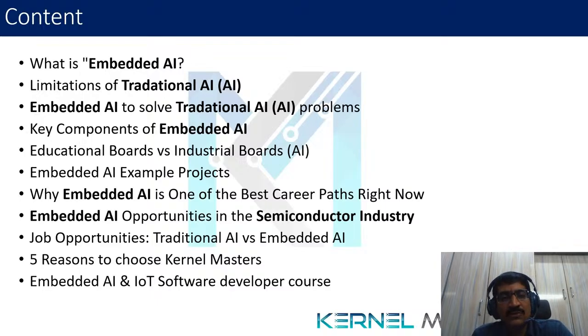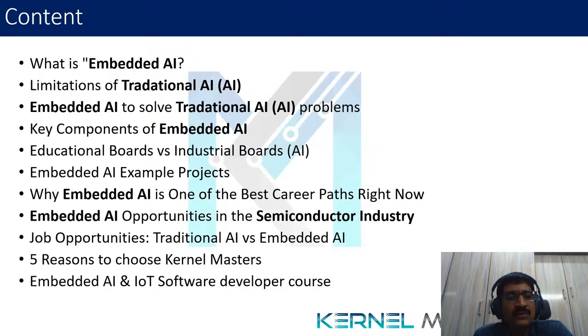What are the limitations of traditional AI? How does embedded AI overcome these limitations? We discuss that first, then we understand the importance of embedded AI. Overall, embedded AI is a subset domain of AI, but it is the latest trend compared to generic AI.